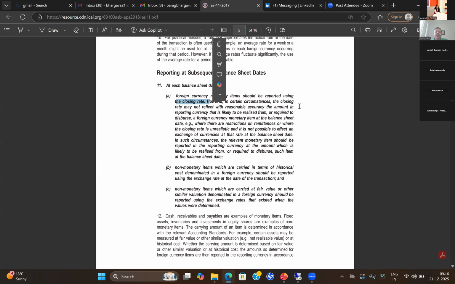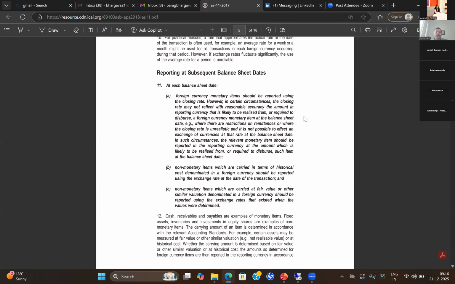Closing rate means whatever is the rate prevailing on the closing, like 31st March, which is the closing of my financial year. I will feed the exchange rate of 31st March in the system, and SAP will automatically pass the entry for the revaluation.